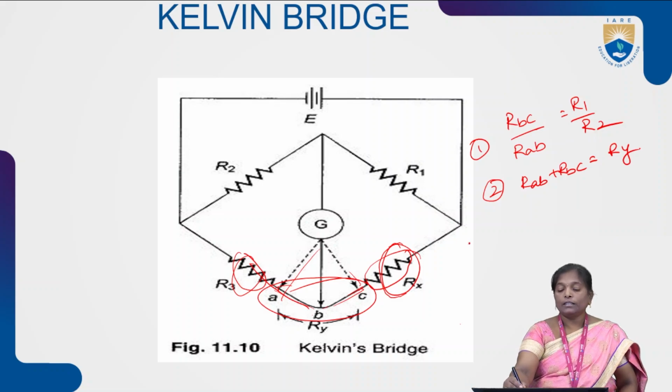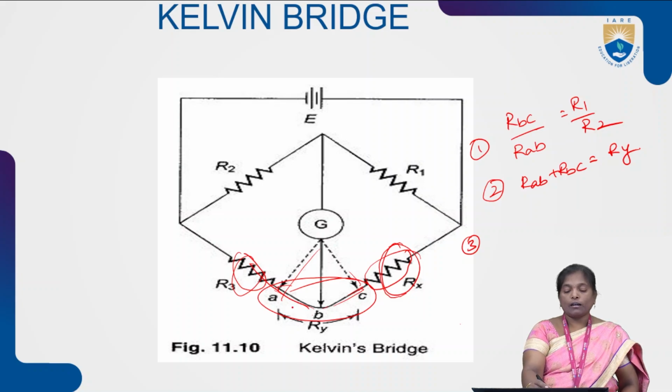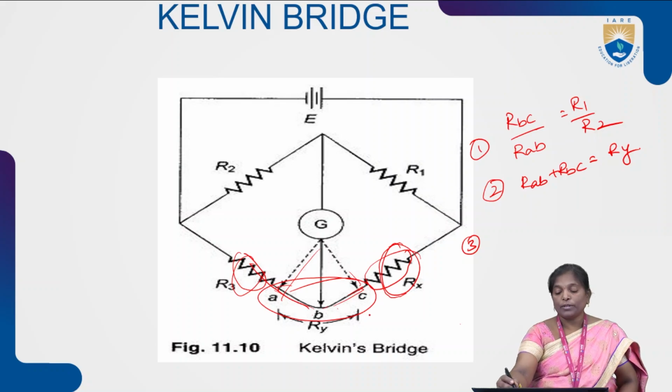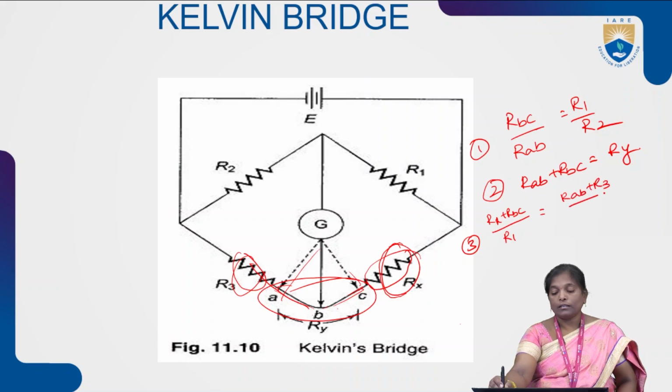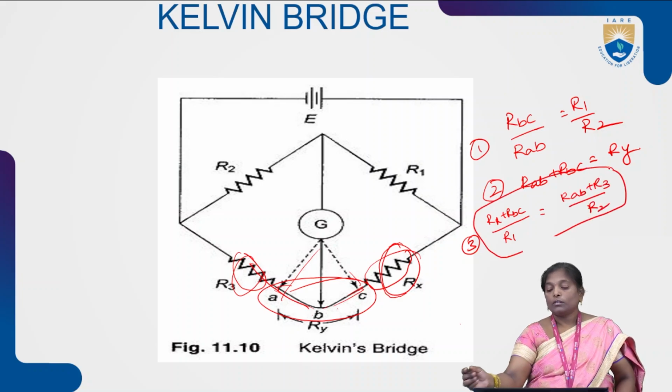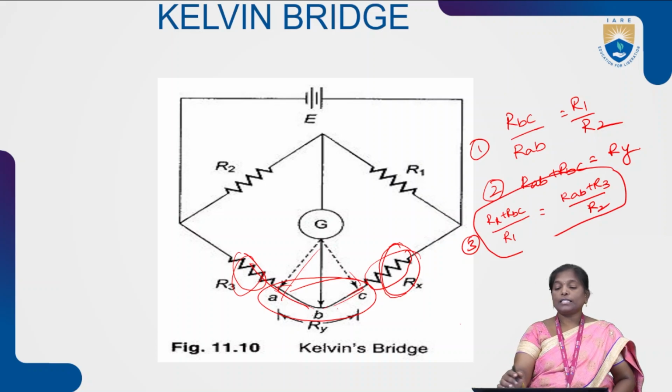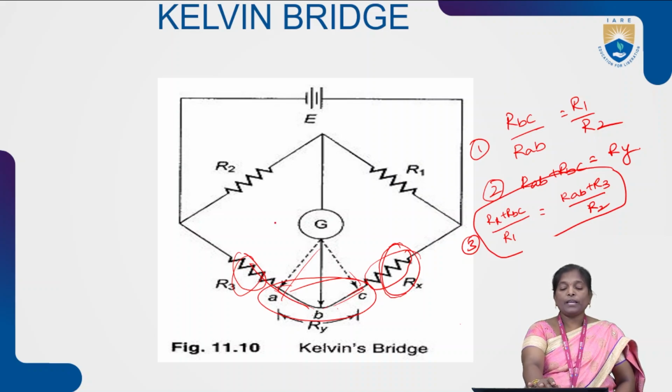And the third statement: when we have resistances Rx and R3 along with RAB and RBC, then the balanced bridge condition becomes Rx plus RBC by R1 equals RAB plus R3 by R2. This is the third condition. When the bridge is balanced, the generalized expression is Rx plus RBC by R1 equals R3 plus RAB by R2.